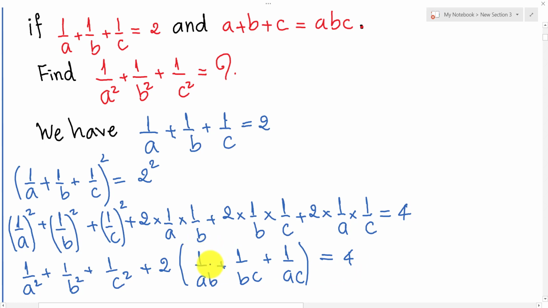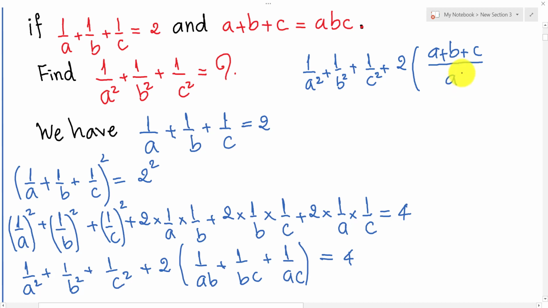And then this we can write it 1 over a squared plus 1 over b squared plus 1 over c squared plus 2 times (a plus b plus c) over abc and equal 4.